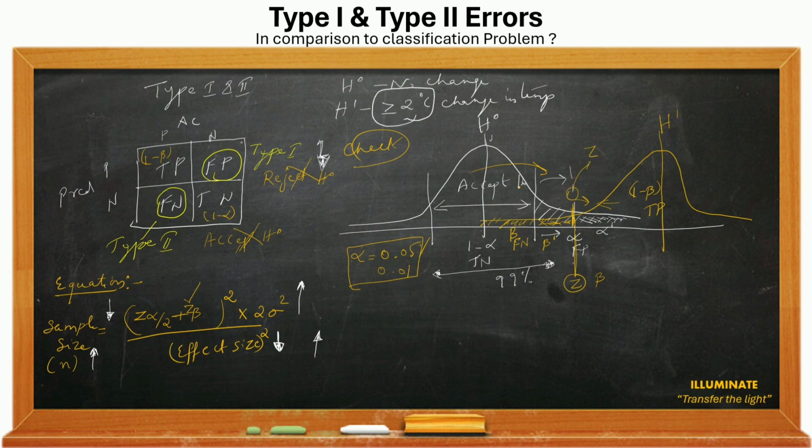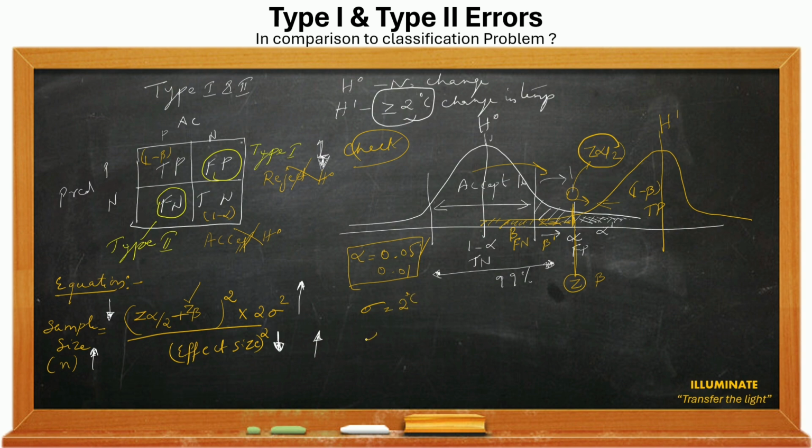And the right hand side part, this is the area, and this point is taken for Z of alpha, based on this curve. So on the right hand side, Z alpha by 2. So these values of Z for alpha and beta will be different.